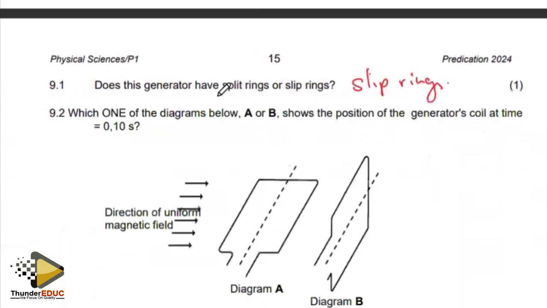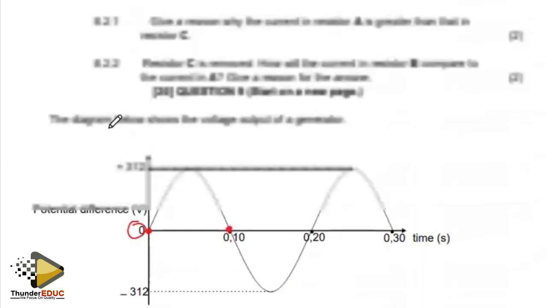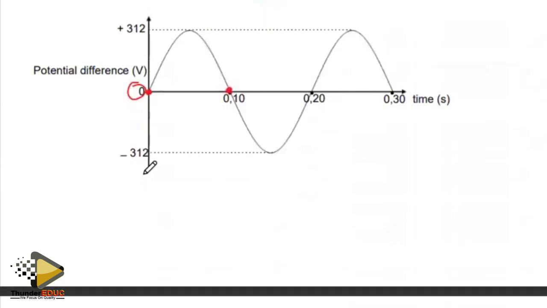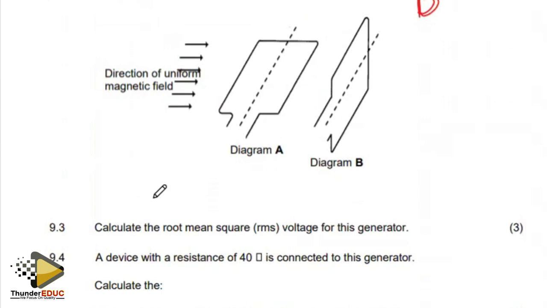So when do we have a 0? Is it when the coil is parallel to the direction, or perpendicular? We get a 0 when the coil is perpendicular. When the coil is perpendicular, that's when we have 0 voltage or 0 EMF.